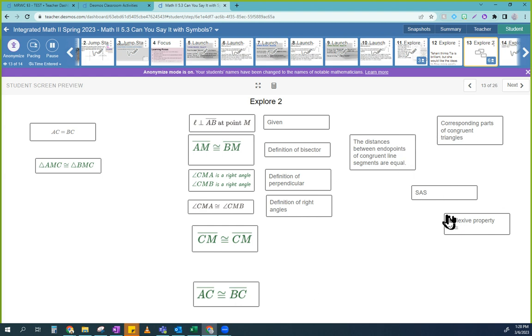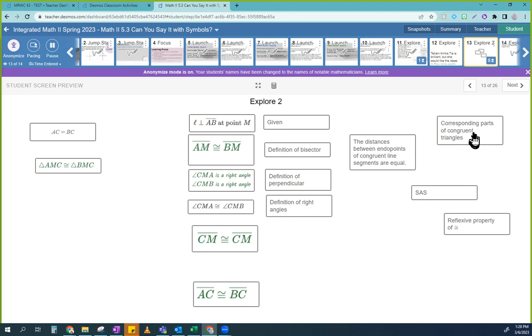Why is that so? Why is CM congruent? Because corresponding parts of congruent triangles, distance, SAS. Which one of these makes the most sense? Stay with me. For those of you who are like, oh my gosh, Miss Johnson, how do I do this? Stay with me. This is like one of those things like you practice how to ride a bike. The first time, it doesn't make sense to you. No, we can't use this one.